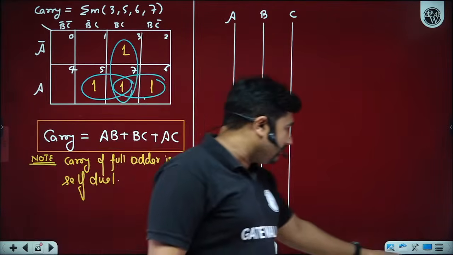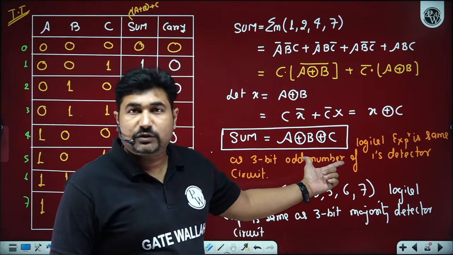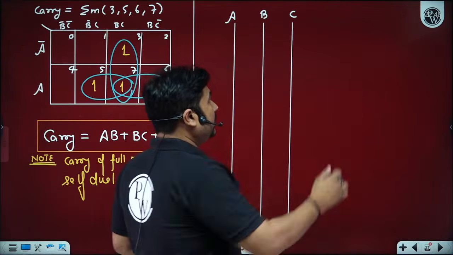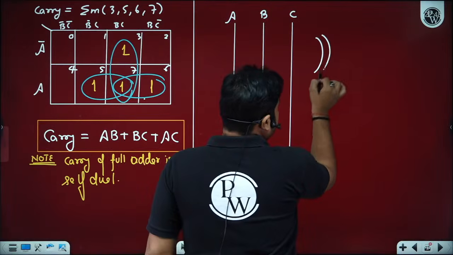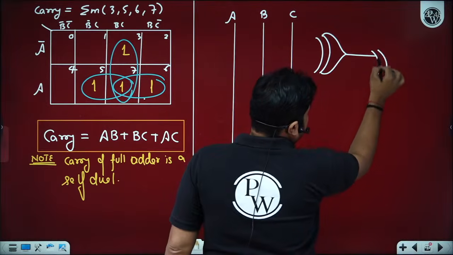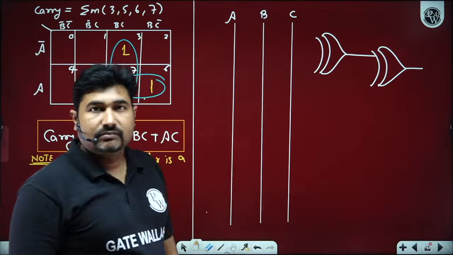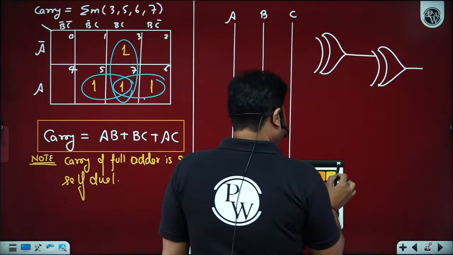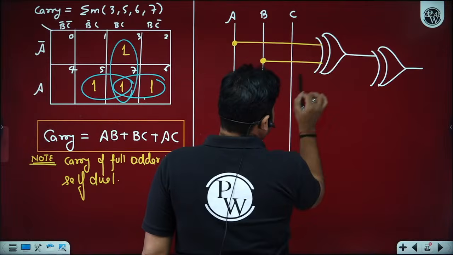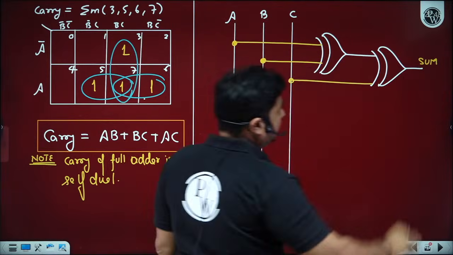So in order to have A XOR B XOR C, we need at least 2 XOR gates. We can't design a 3-input XOR gate. Even if we design a 3-input XOR gate, this is what the meaning is: A XOR B XOR C, some function will be implemented.